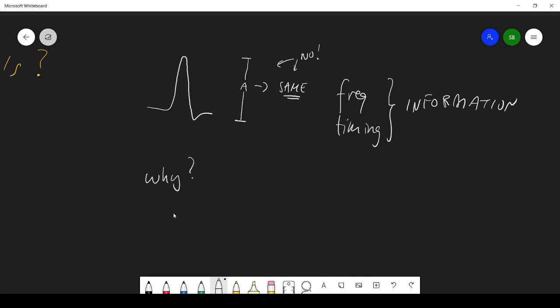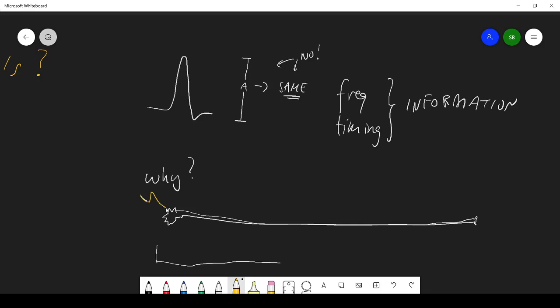The reason is that if you've got a neuron with a long axon like this, if you have a graded potential, just membrane potential, what happens is if you stimulate here, you'll get a strong depolarization, but it will degrade very rapidly over time because the current spreads out of the neuron as it goes down, so it gets less and less as you go down.